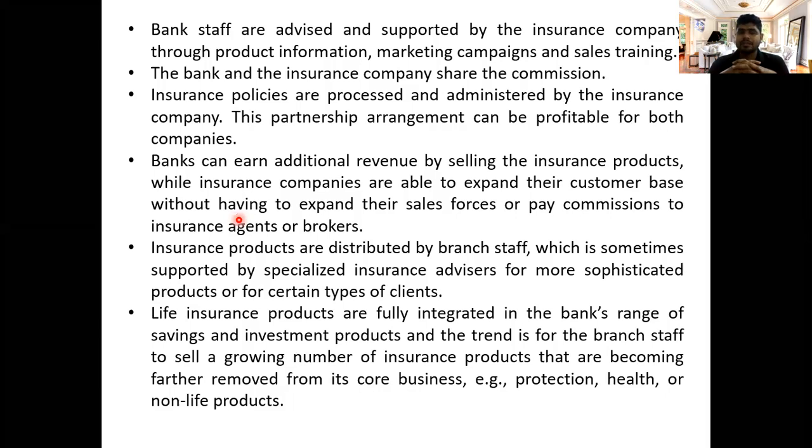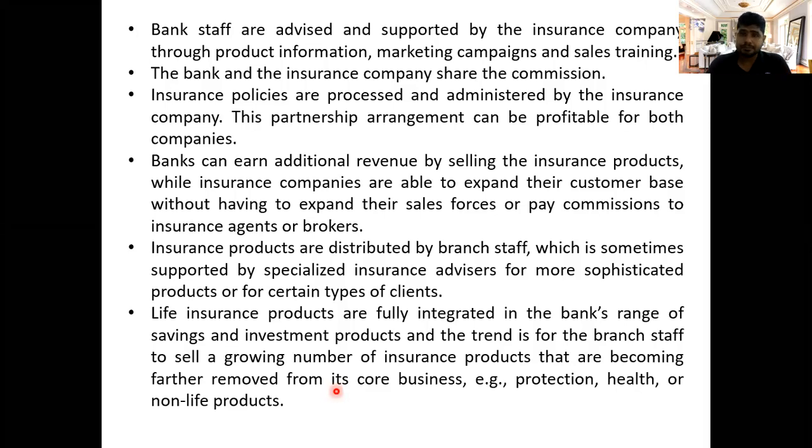At that time they can call upon a representative of the insurance company. Life insurance products are fully integrated in the bank's range of savings and investment products, and the trend is for the branch staff to sell a growing number of insurance products that are becoming further removed from its core business.